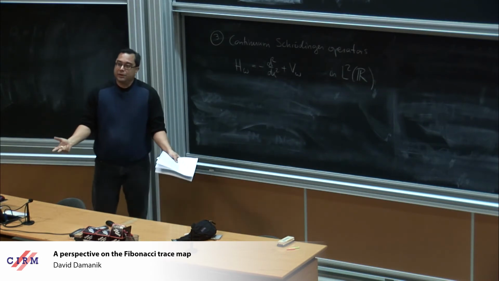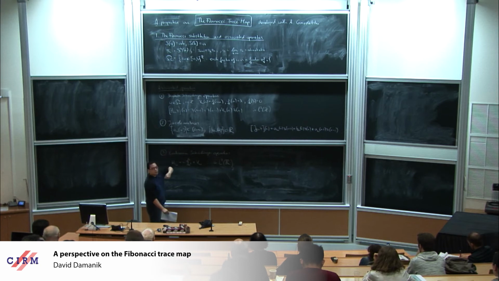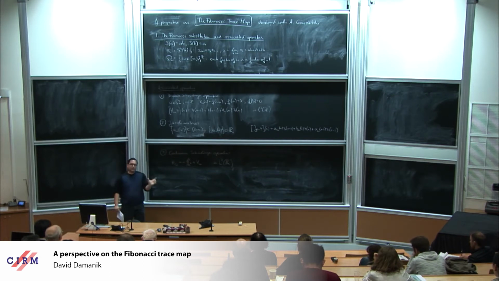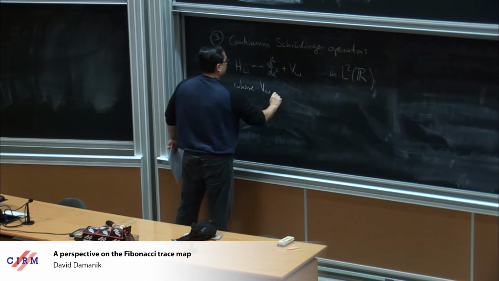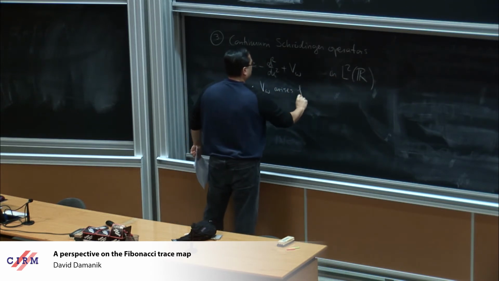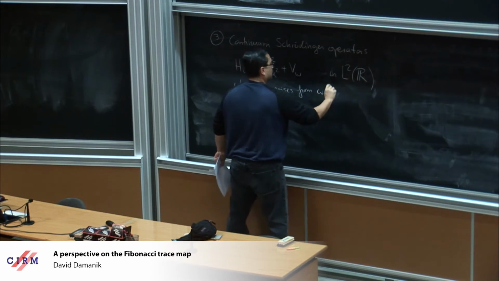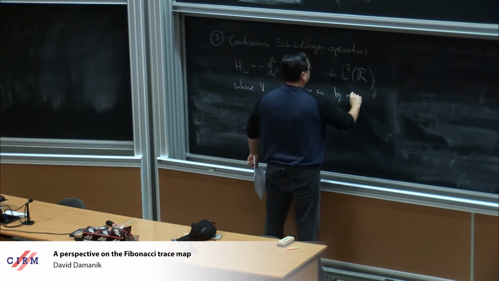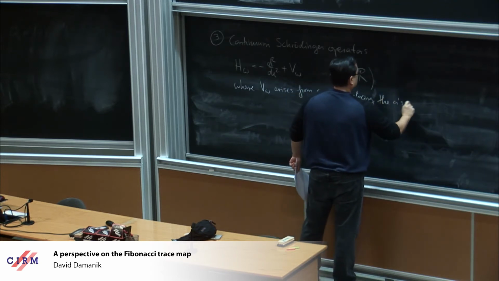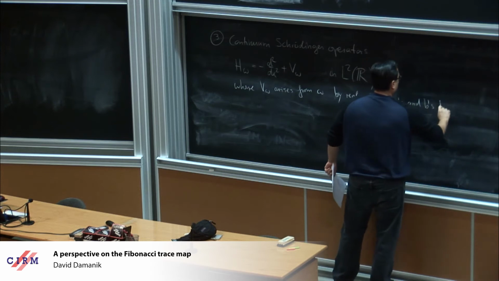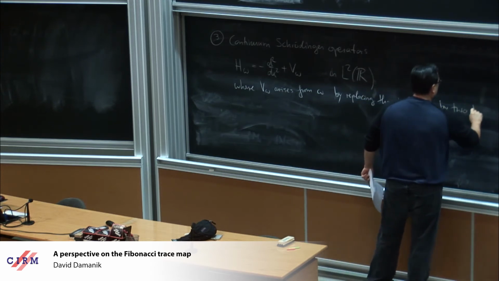Now how does the Fibonacci sequence enter? Here we just took this AB sequence and replaced the letters locally by real numbers. But here, of course, you have a function on R. So what we will do is replace each A by some local potential and each B by some other local potential, where V omega arises from omega by replacing the A's and B's by two types of local potentials.